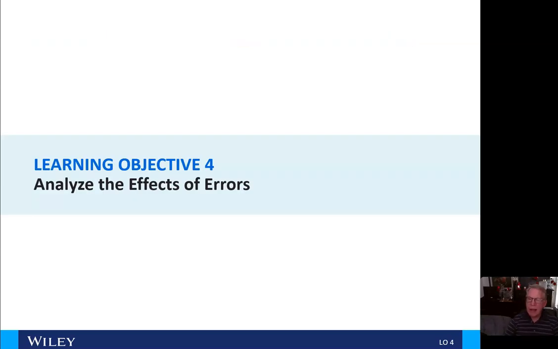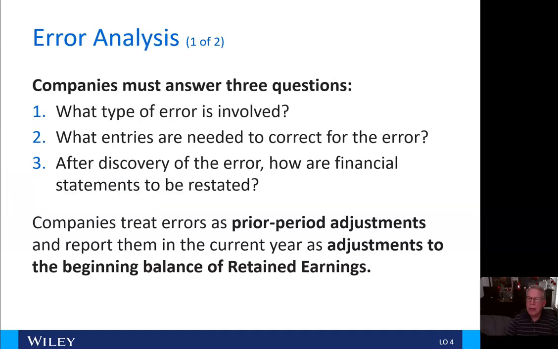Okay, let's analyze the effect of errors. Here, when we look at error analysis, companies must answer 3 questions. Number 1, what type of error is involved? Number 2, what entries are needed to correct for the error?